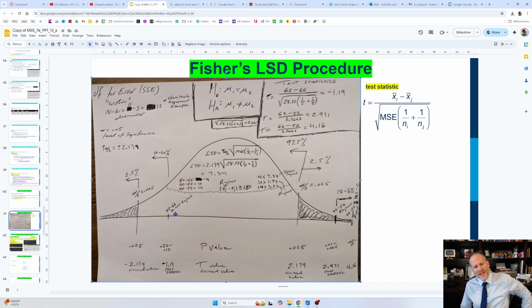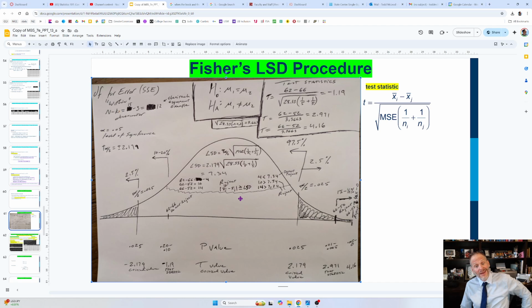Same conclusion: do not reject for 62 minus 66 with Fisher's LSD procedure. And then we have 10, which is greater than 7.34, and 14, which is greater than 7.34. So for 62 minus 52 and 66 minus 52, we do reject. And that's Fisher's LSD procedure.